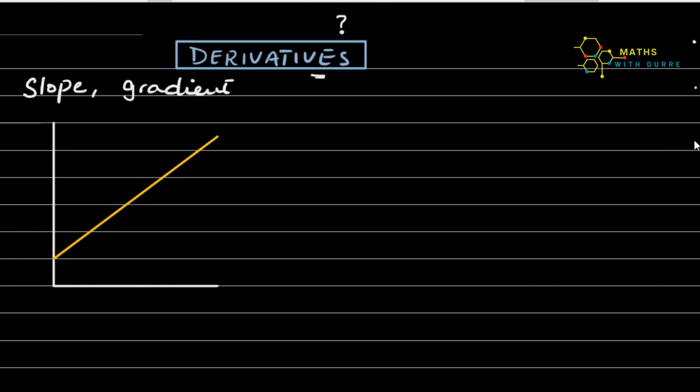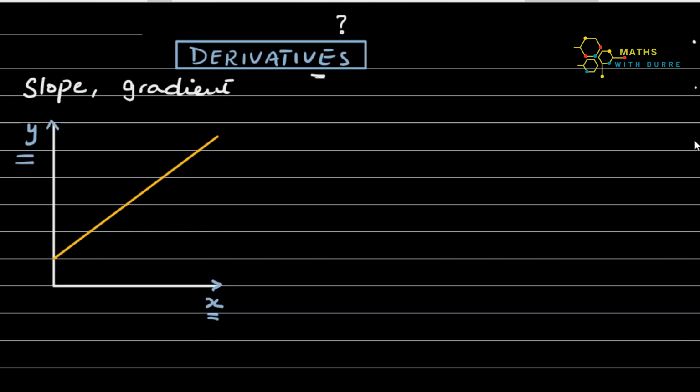Rate of change of what? Of a vertical variable. Here is the vertical variable y and horizontal variable x. So you can say it's the change in the vertical variable with respect to the horizontal variable.